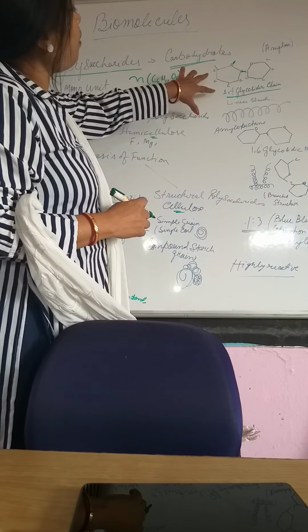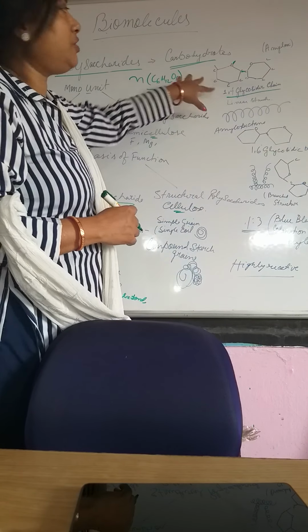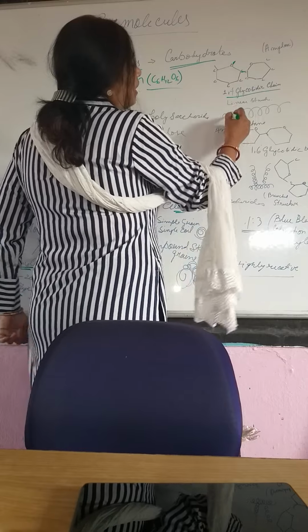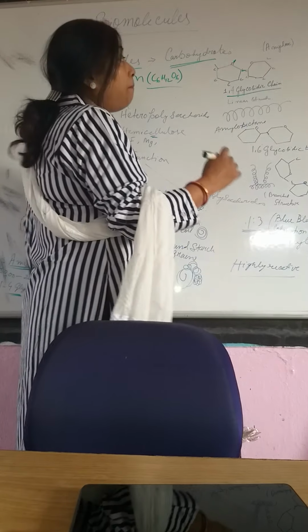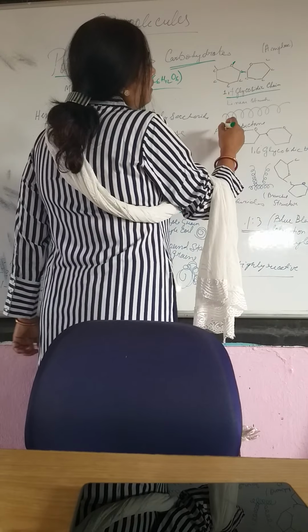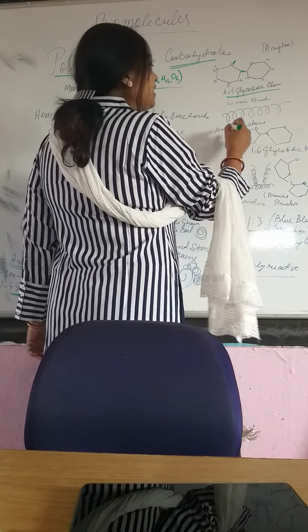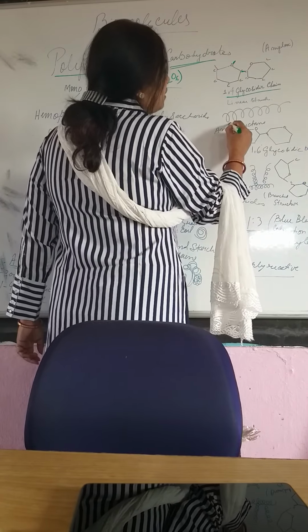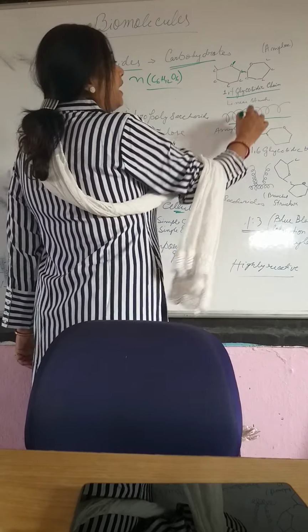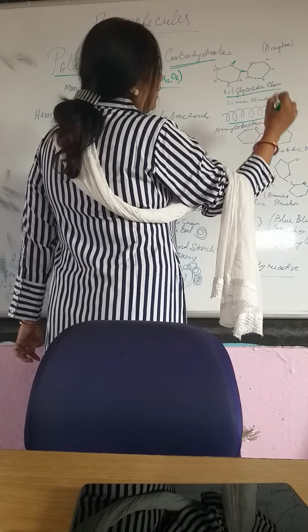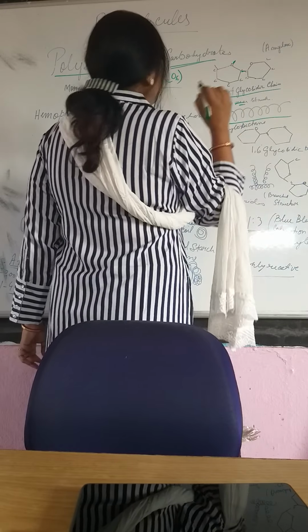Since the bond is like this, they form a linear structure, but they are not present in a single straight line, they are present in the form of a coil, like a spring. So this is the linear structure that is present.